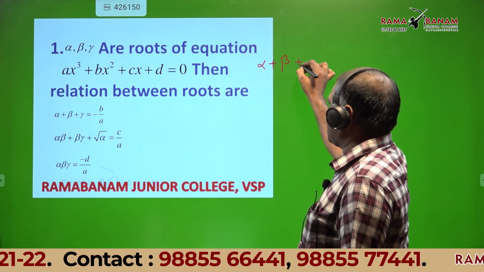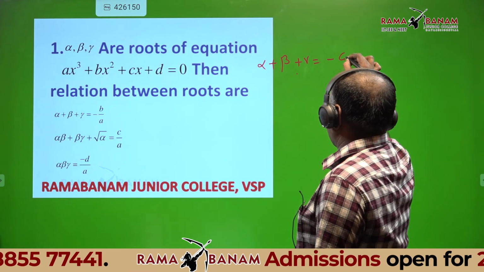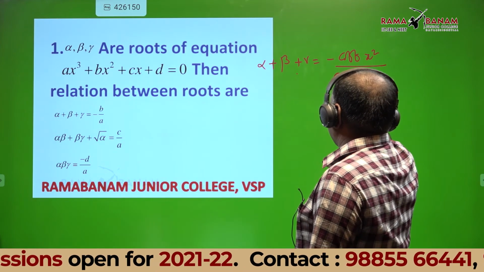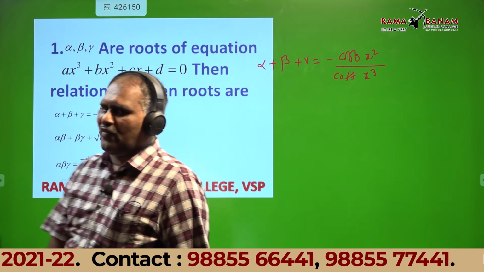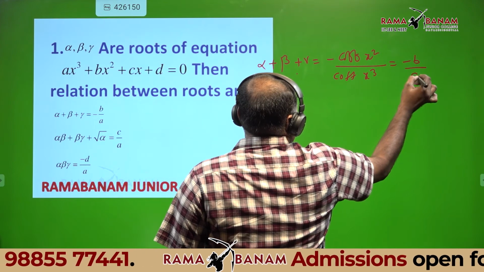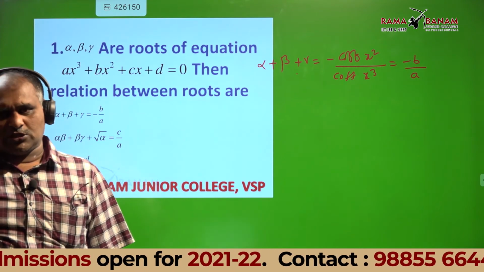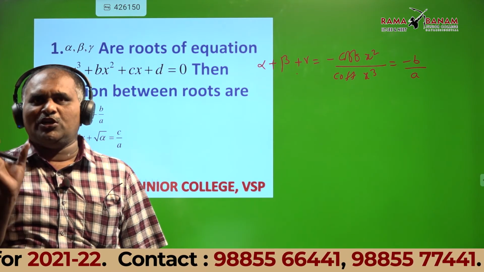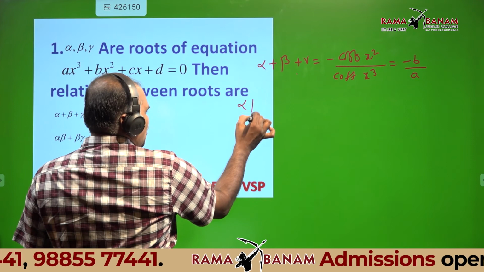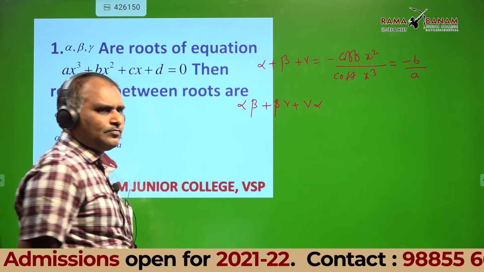Alpha plus beta plus gamma is equal to minus the coefficient of x square divided by the coefficient of x cube. The coefficient of x square is b, so this is minus b by a. Next, the sum of the products of the roots taken two at a time: alpha beta is one value, beta gamma another, gamma alpha.